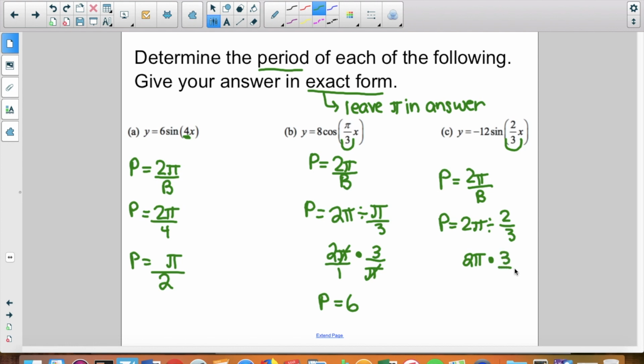Change, and then flip the last fraction. You could put this over 1. Now notice the 2's are across from each other. So we can actually cross out that 2. So then we're just left with 3 pi is equal to the period.